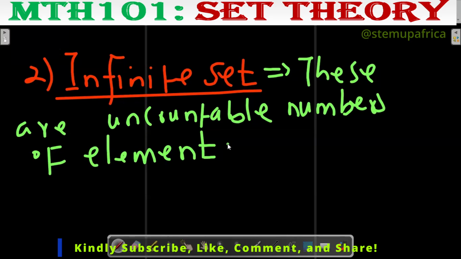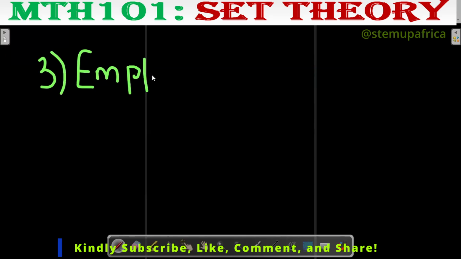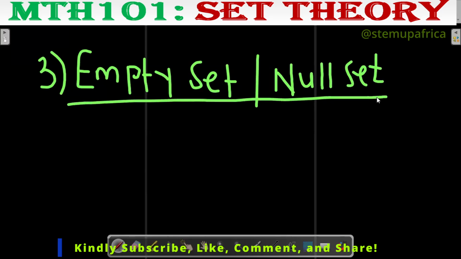Then number 3, we have what we call empty sets. This empty set has another name. They call it a null set, or non-set. Something that is not there. It's empty.